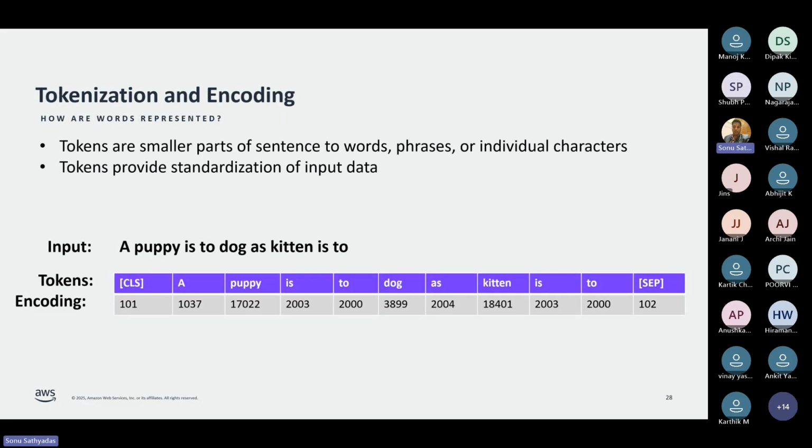Tokenization and encoding is the process that happens inside the model while we make the request. A token is a term that we use to represent a single word. A single word can be a single character word, two character word, or multi-character word. But sometimes a very lengthy word can be split into multiple tokens.